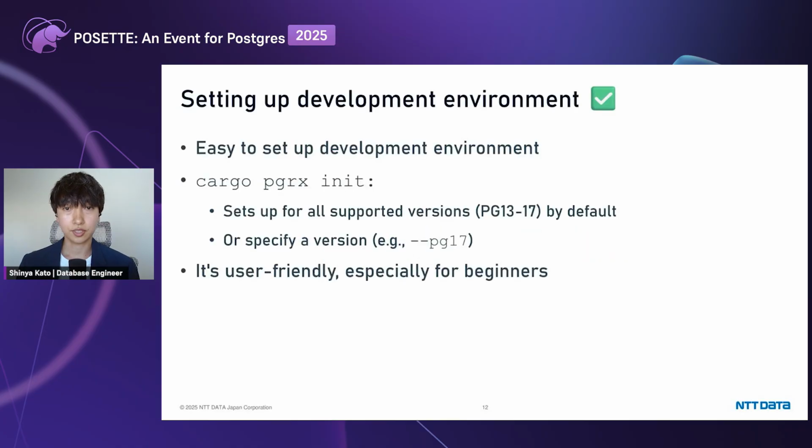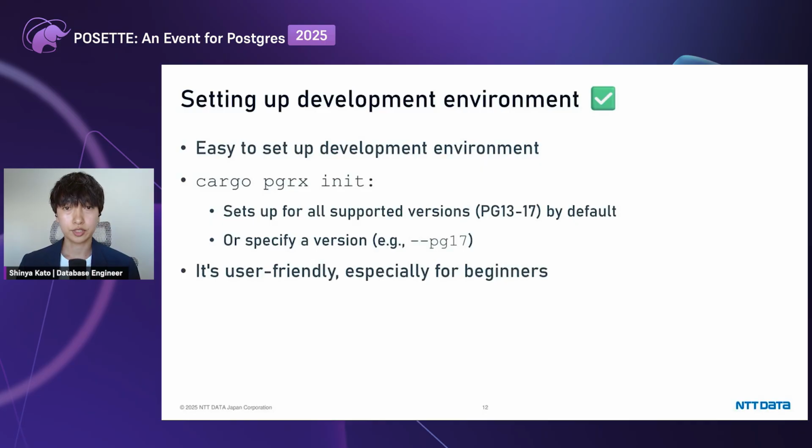The first point I'd like to introduce is about setting up the development environment. As you saw in the demo earlier, you can set up the development environment very easily. With the command cargo pgrx init, you can set up development environments for all Postgres versions supported by pgrx, from 13 to 17.